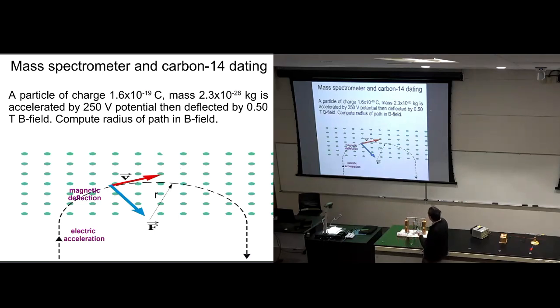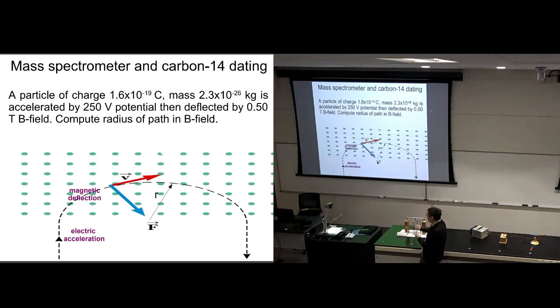We're going to think about a charged particle that has 1 unit of electronic charge. It has a mass of 2.3 times 10 to the minus 26 kilograms. I picked that because that's carbon-14 mass, which is used in carbon dating, which is one reason that you use mass spectrometers.